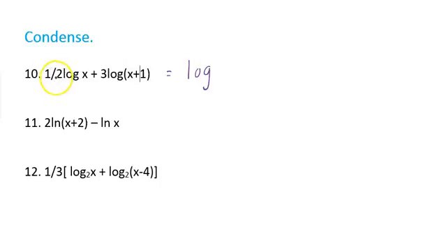But the x is going to have a 1/2 power because of this, and the x plus 1 is going to have a 3 power because of this 3. So I'm going to have x to the 1/2 times x plus 1 to the 3rd. And it is the log of that whole thing, so if it bothers you that it looks kind of broken apart, you can put a parentheses around the whole thing, but you don't have to. If you're in a problem and you're solving, you need to understand it's the log of the whole thing.